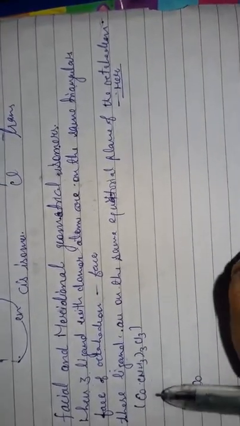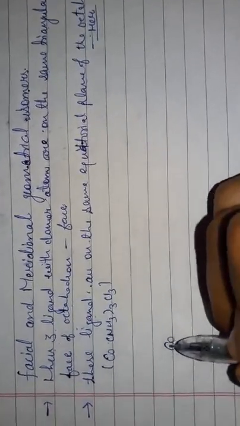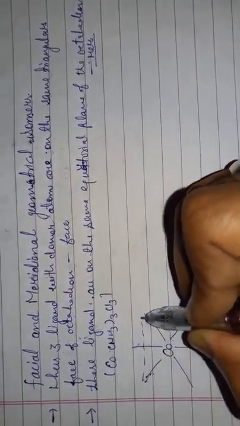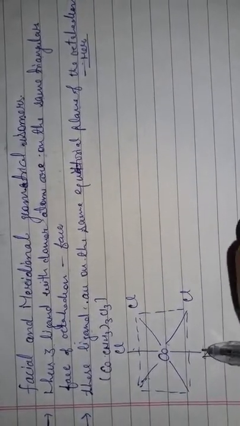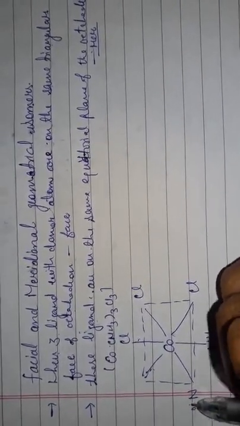So I will take an example and you can easily understand this. Take the example cobalt, tris ammonia and chloride. Draw the octahedral complex. This is the octahedral complex with Cl, Cl, and firstly draw the fac isomer. What is the statement of the fac isomer?